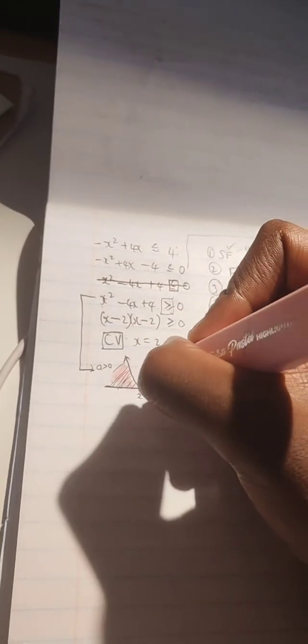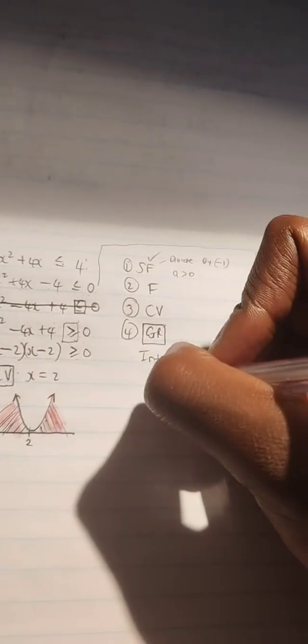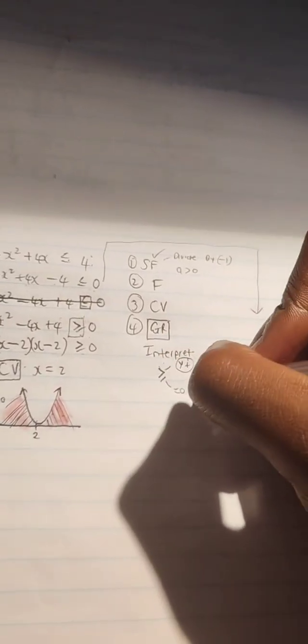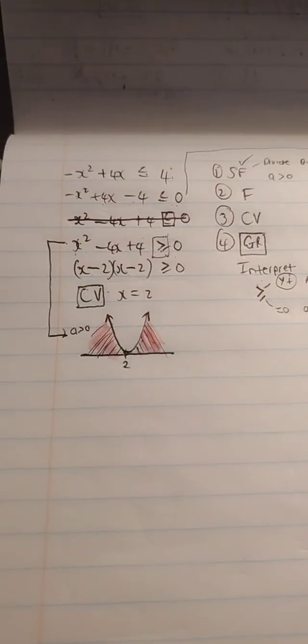Then the equal part, what does it mean? Equal to 0 means on the x-axis. So that means our focus is also going to be on the x-axis.